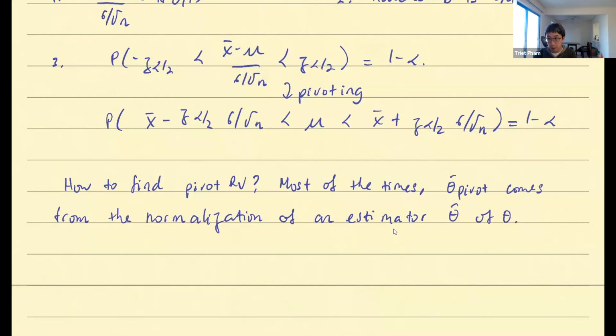So the steps of finding a pivot random variable can roughly be put like this. 1, find theta hat for theta.